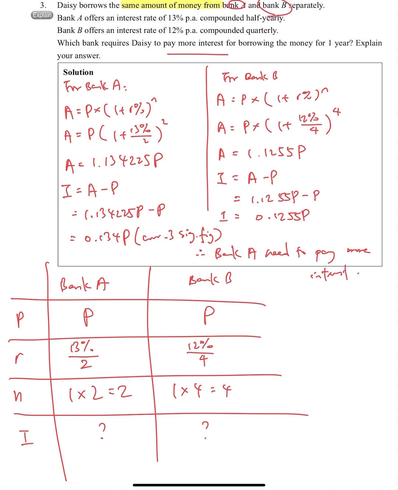We just compare these two numbers because P is a positive number, so whether it is 0.134 times P or 0.1255 times P, we only need to consider the number in front of them, then we can understand which bank's interest is higher.